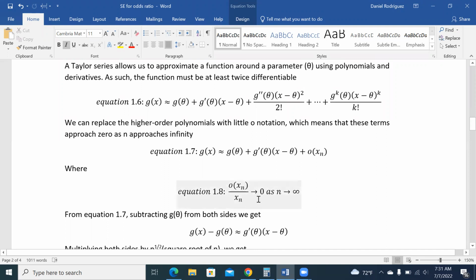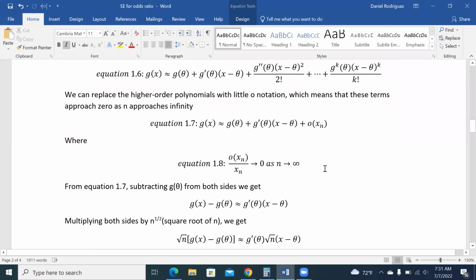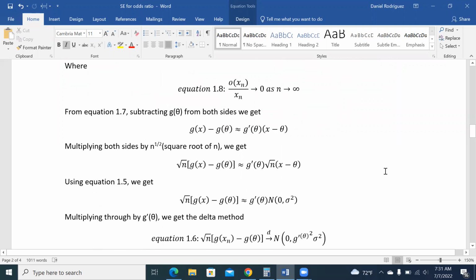But this term goes to 0 as n approaches infinity. So in a sense, this denominator balloons more so than the numerator, so this approaches 0. All these higher order terms eventually become 0, so we can call them error if we like. We don't need them here to get a good approximation of our function.